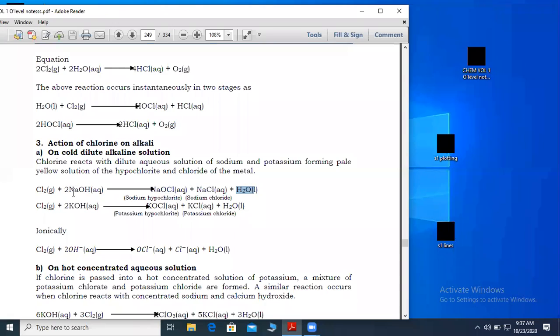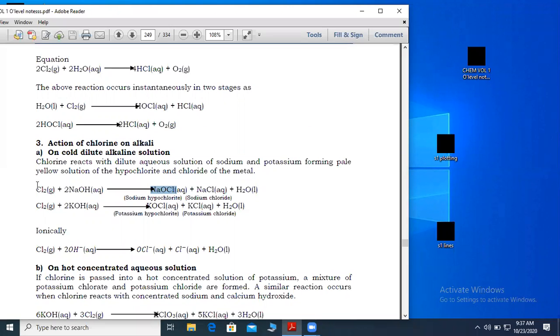Now, you balance by putting a 2 on sodium hydroxide. When we ask for the observation, why should you fail? The observation is that a pale yellow solution is formed. What is the pale yellow solution? The pale yellow solution is sodium hypochlorite, because sodium chloride, we know that it is colorless.